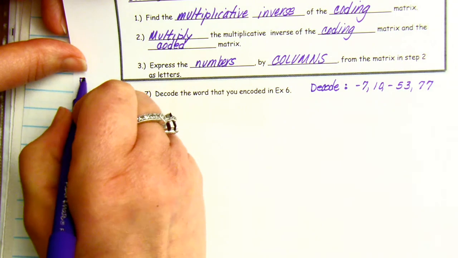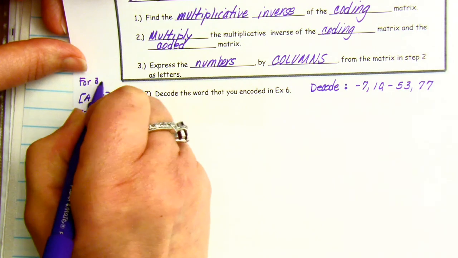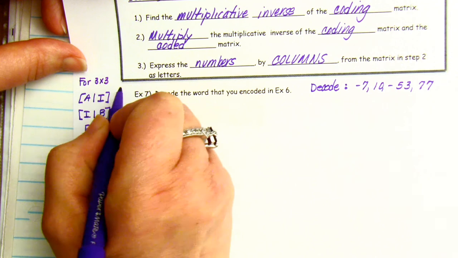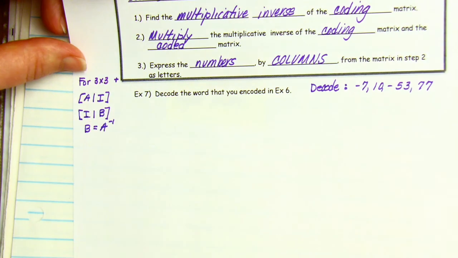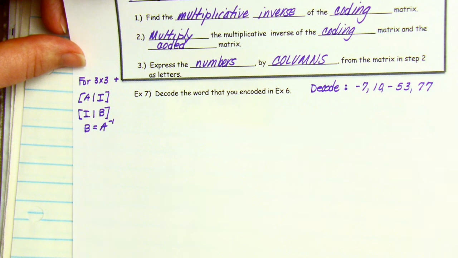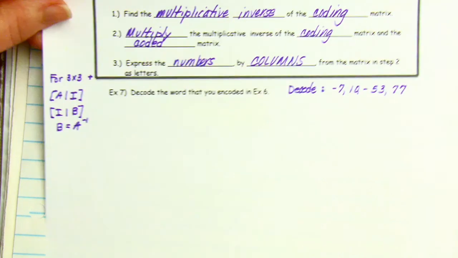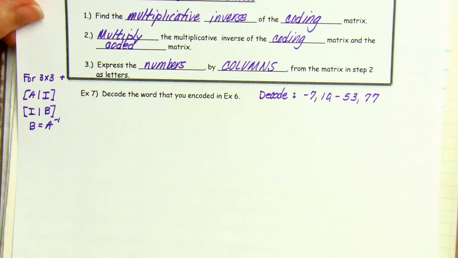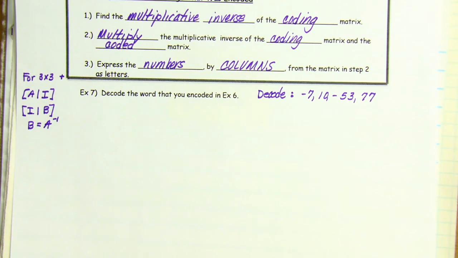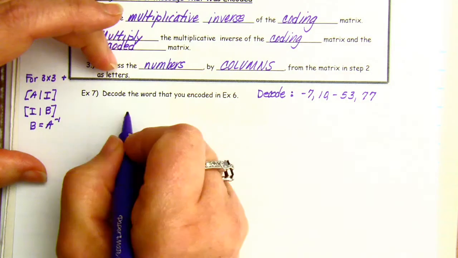So this is for 3 by 3 and more. Okay, 3 by 3, 4 by 4, 5 by 5, etc. But because our coding matrix is only a 2 by 2, we're going to use the short method.